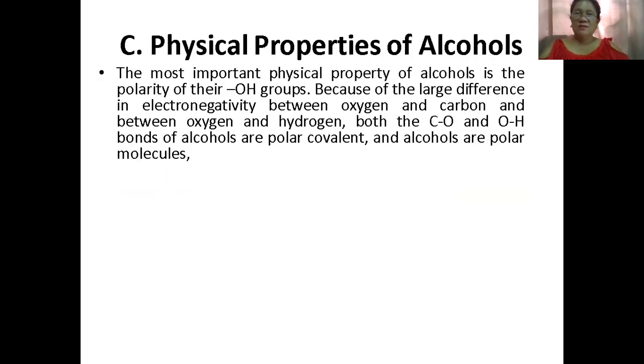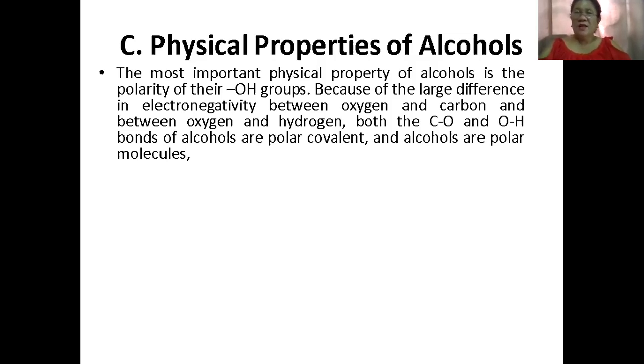What are the physical properties now of alcohol? The most important physical property of alcohol is its polarity. How will you know it's polar? Because of the presence of the OH group.